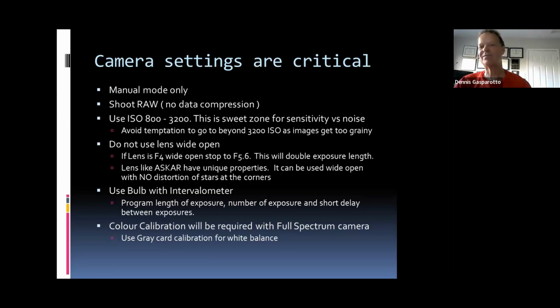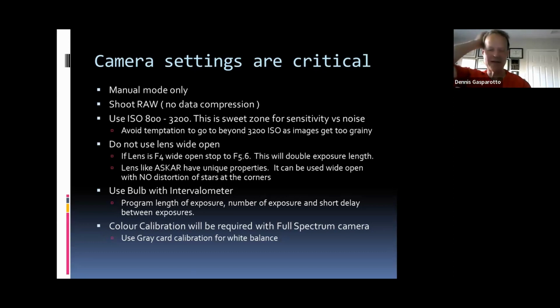So if you have a really good lens, you might be able to get away with not stopping down. I find the Askar I can keep wide open and it makes no difference. But not all lenses are like that. You need to experiment with your lens and see what works.